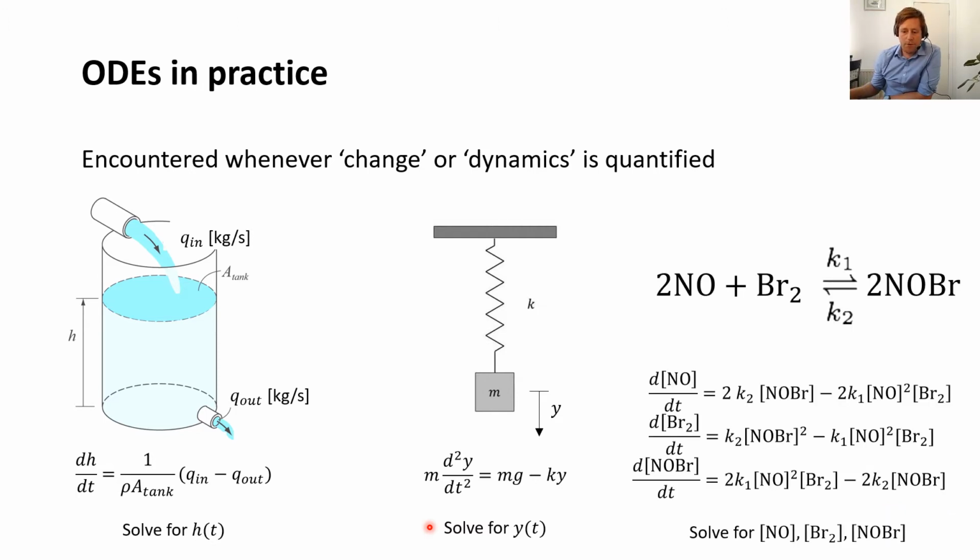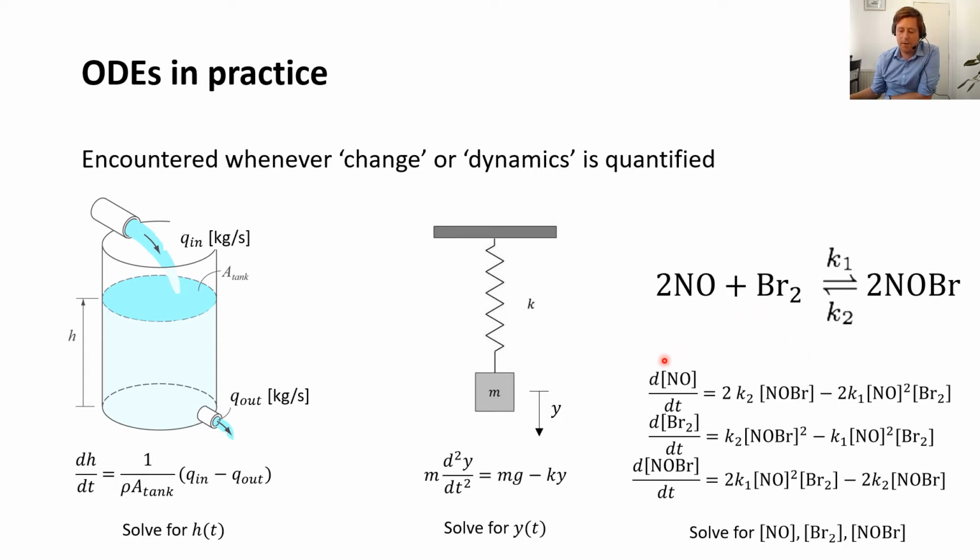But also from, for instance, a chemical perspective, here we have a bidirectional chemical reaction with reaction rates K1 and K2. Then we can write down some chemical kinetics equations for the concentrations of each of the constituents of this chemical reaction.